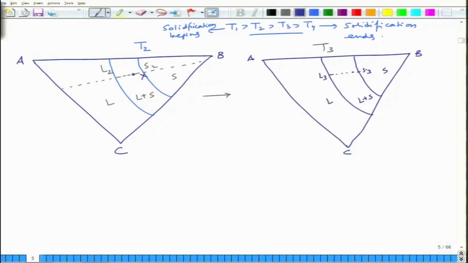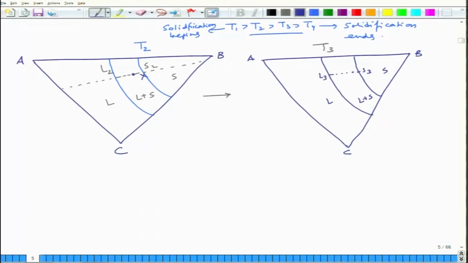These tie lines may not be exactly parallel to each other, rather the paths may be different, but at the same temperature, tie lines do not crisscross each other. They could be at a certain angle to each other, but they do not cross each other. So, this is how tie line orientation varies in a ternary phase diagram.